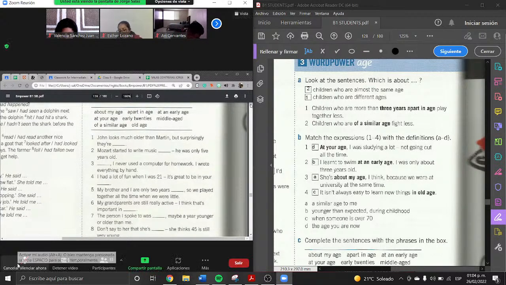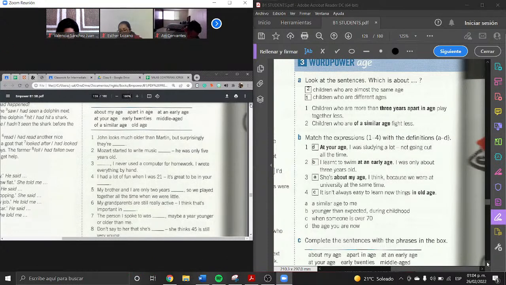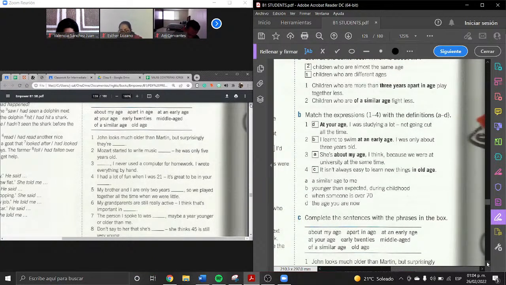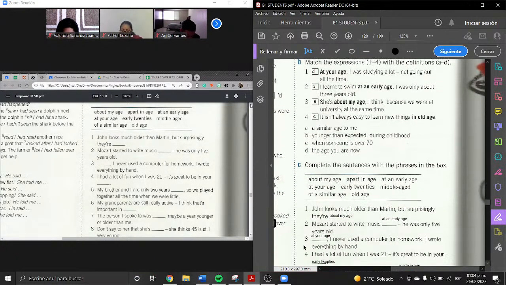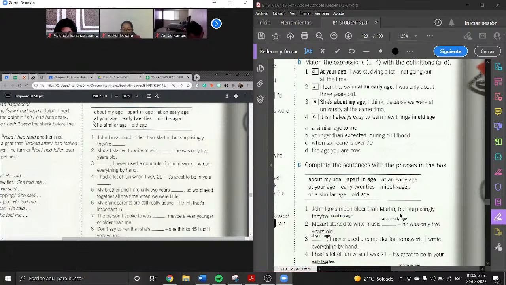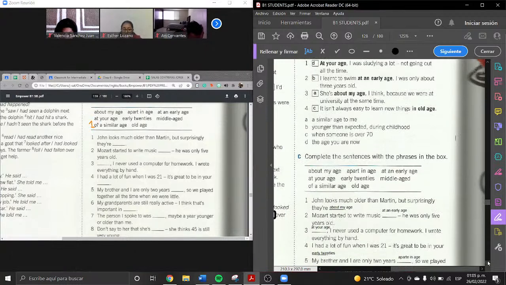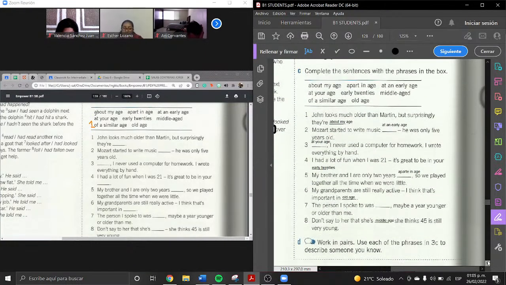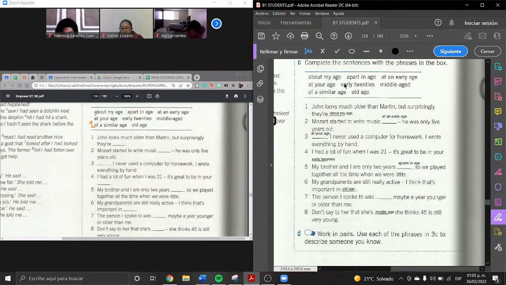Now we need to put them there. What do you have on the first one where it says looks much older than Martin, but surprisingly they are of a similar age? Of a similar age. Okay, this is number 1. Mozart started to write music at an early age.